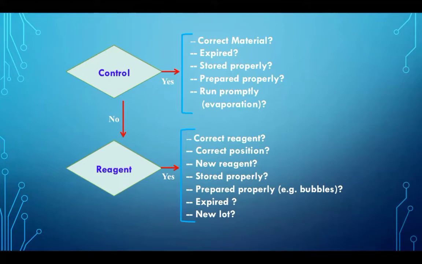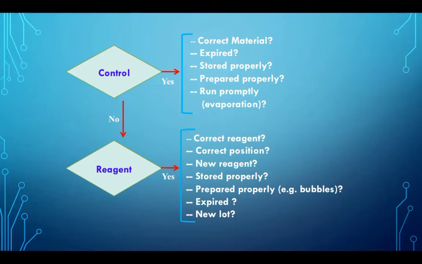You are storing control under defined conditions. You are storing properly. When you are reconstituting, you are reconstituting this control properly. And when you are running a control, you are bringing this to room temperature.